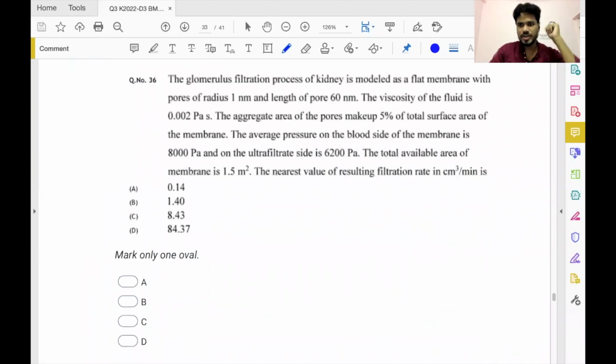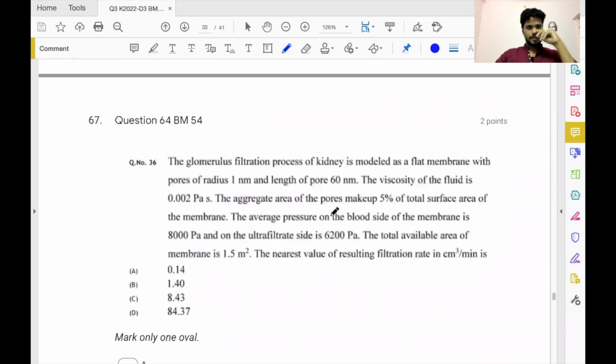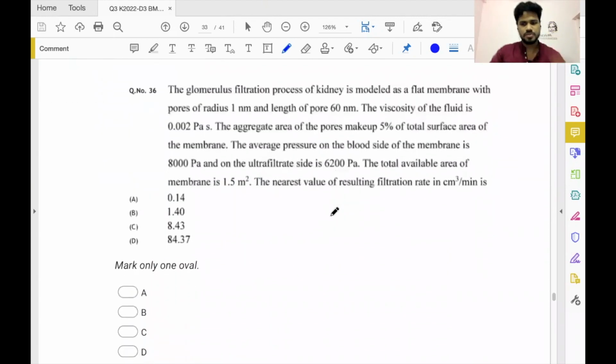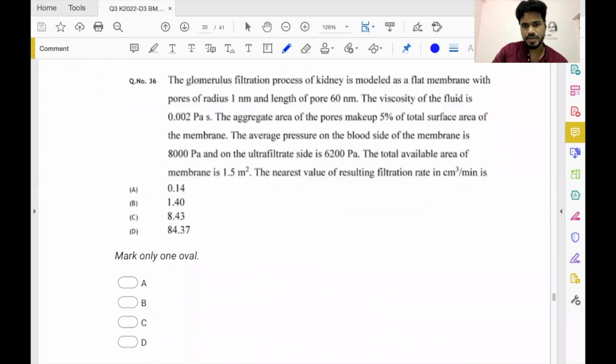Okay, now we are headed to biofluids. Questions we have already done, but let's also quickly do this. One is for factors: glomerulus filtration, total available area, resulting filtration radius.